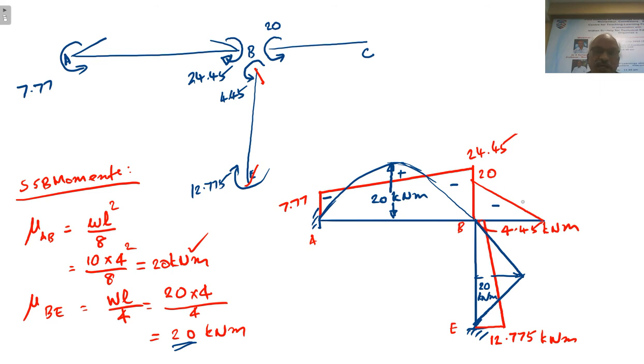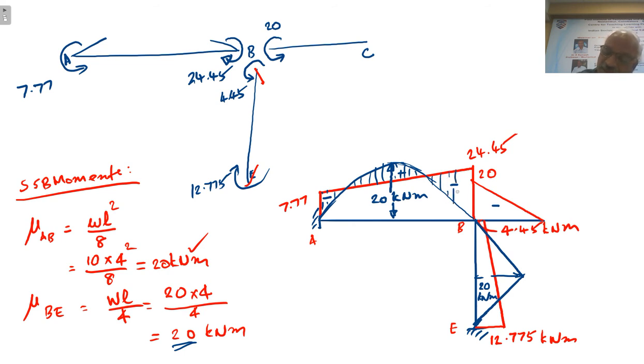and for the column we need not mark plus and minus. So that's about the moment diagram, and we have to hatch perpendicular to the members. So the hatched portion is the net bending moment diagram.